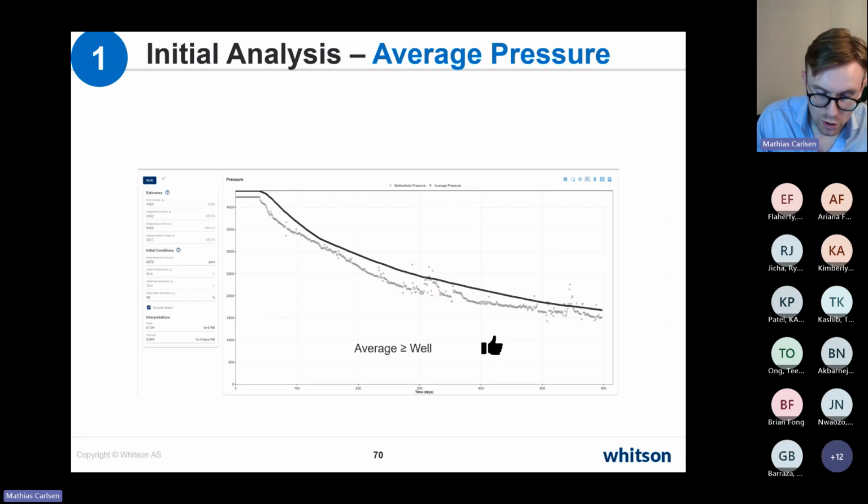The other check that you like to do is to make sure that your average pressure is above all the bottom pressures. These small points right here, they're assumed to be just bad data, but these kind of buildups like this are something we'd like to honor, and it checks out that box as well.